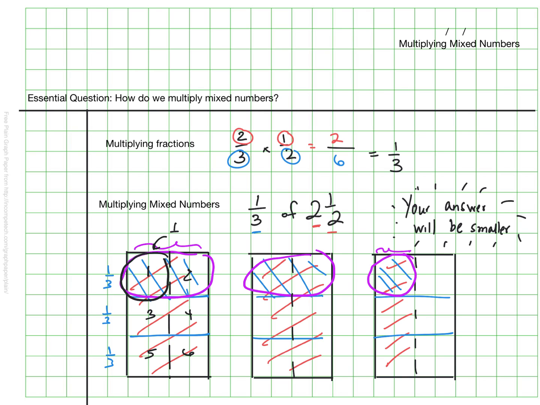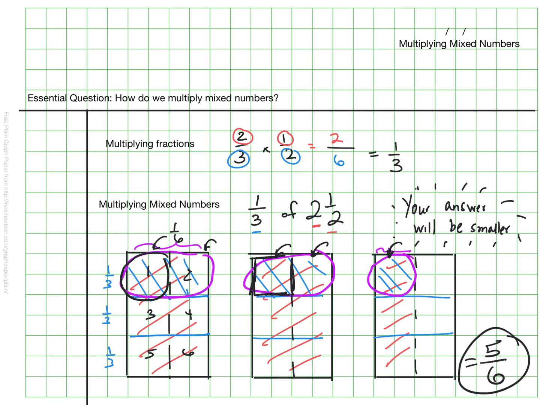This is 1/6, and I have 1, 2, 3, 4, 5 pieces that are each 1/6 of a whole. So my answer is 5/6. When I did 1/3 of 2.5, the answer is 5/6.